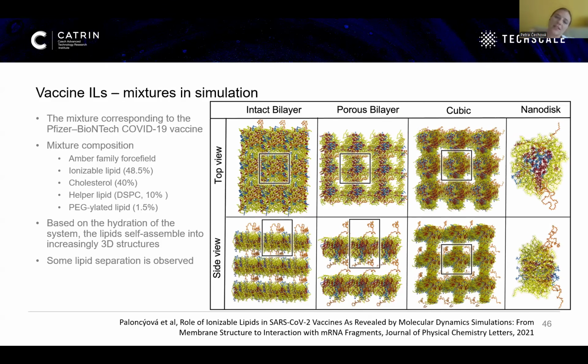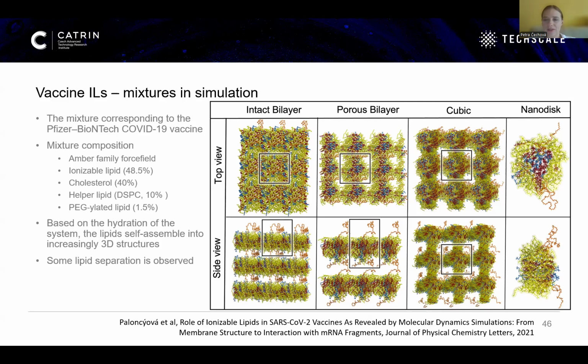But if we increase the water content more and more, we can see that the bilayer kind of gets perforated. There are holes, or they kind of connect through the periodic boundary condition into this cubic phase. And sometimes when there's a lot of water, we can actually see the nanodisk forming.